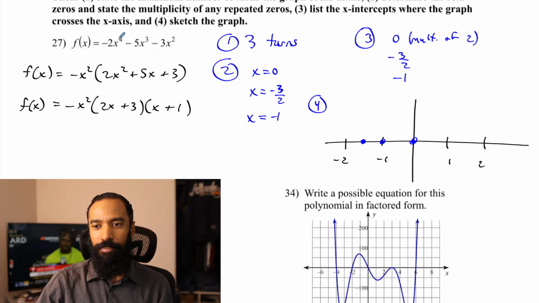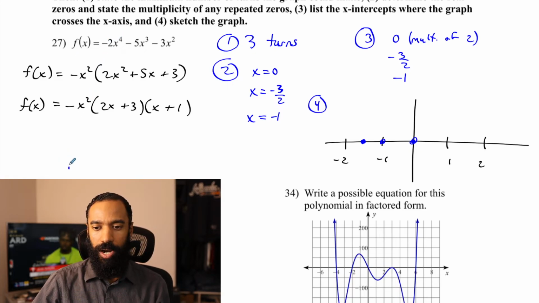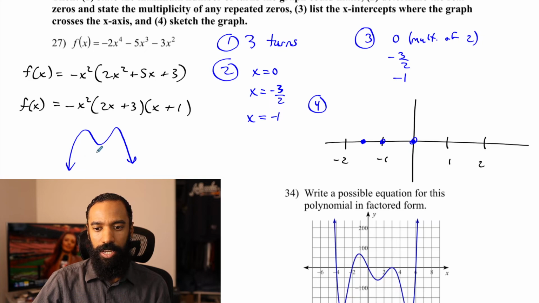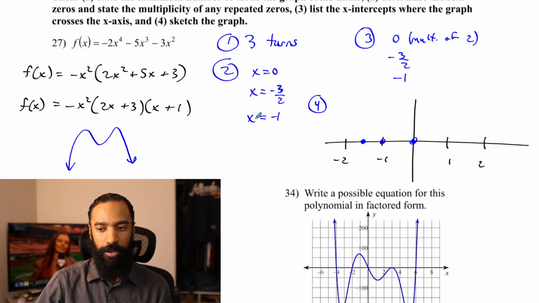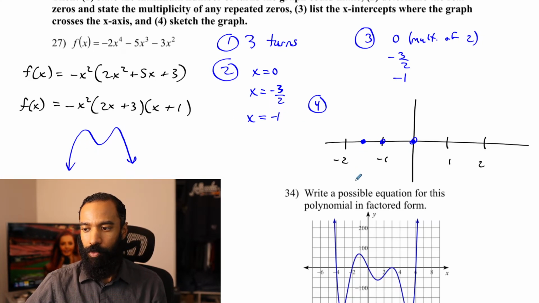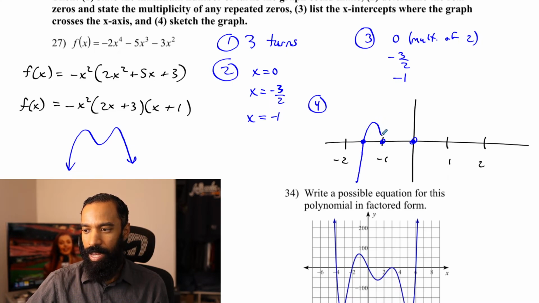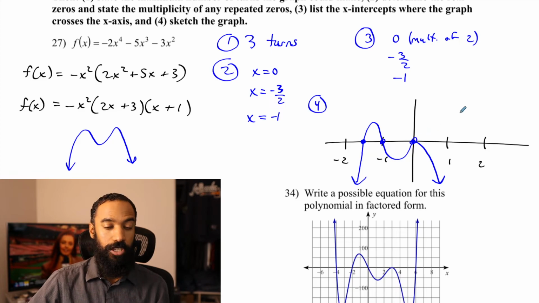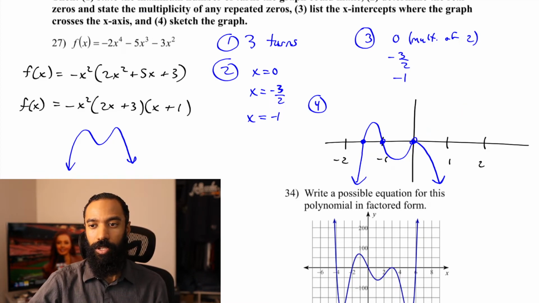This is a negative quartic, which means it'll start down and finish down. So hitting negative 3 halves right here, it's going to cross through. Then it's got to come back down and hit negative 1, and then it's going to bounce off of the 0 right there, and then finish downward like that. That's a sketch of the graph right there.